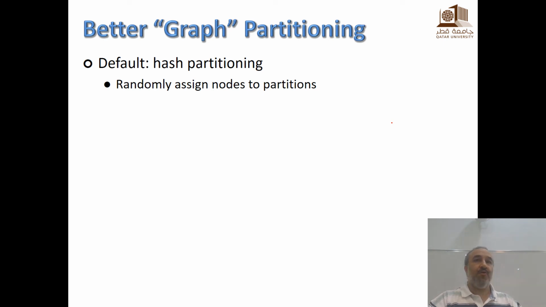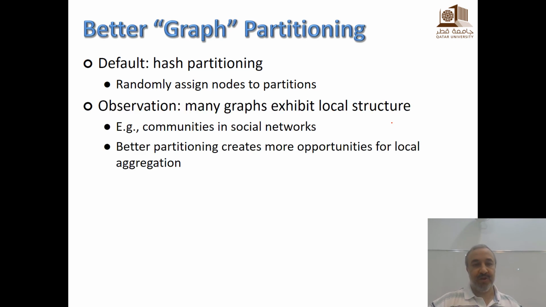We can control that, right? If we partition the nodes to put the nodes that are close to each other in one split or file, then we can get the benefit of combiners. So we need to change the partitioning.